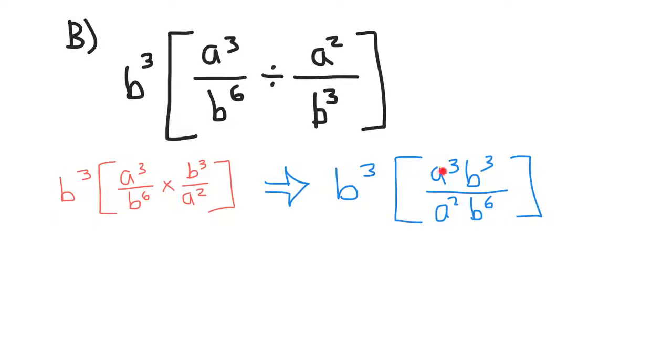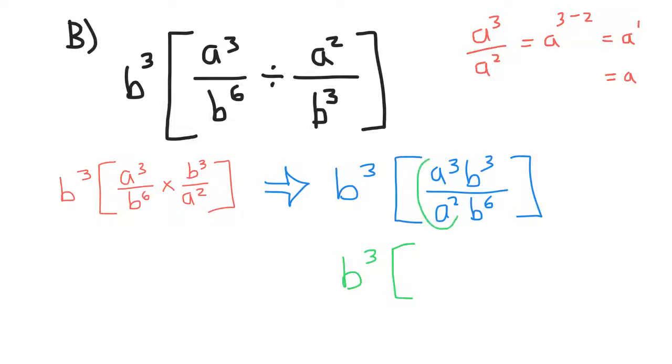Now, what do we have over here? Well, we have a to the third over a squared. We already discussed what would happen with that type of scenario. That would end up becoming a to the 3 minus 2, also known as a to the first power, also known as a. So the next step would be to recognize that this part right here just becomes a.